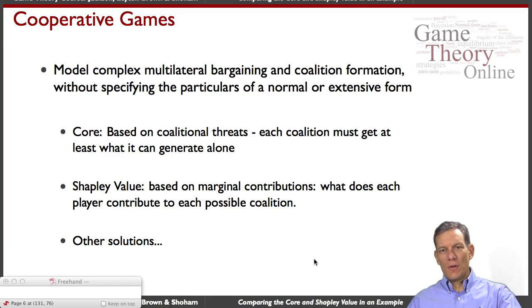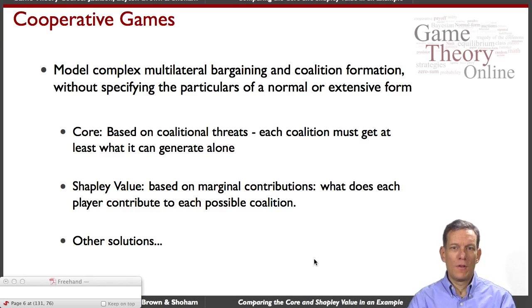We could have written down a normal form game for bargaining, or we could have written down a giant extensive form for how the Security Council operates, and who can bring in a resolution, and then who has to vote yes, and how it all works, and then calculate what a Nash equilibrium of that game is, or a subgame perfect equilibrium, and then try and figure out what the payoffs are. And the idea of cooperative game theory is sometimes you want to model things in a more compact way, and actually trying to model an extensive form for that bargaining process would be overwhelming.